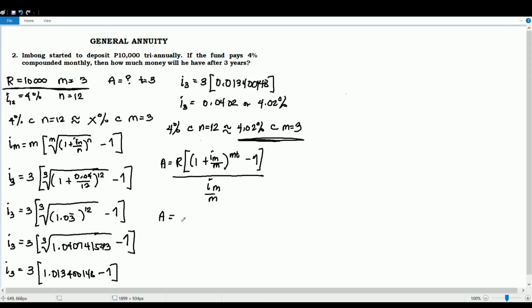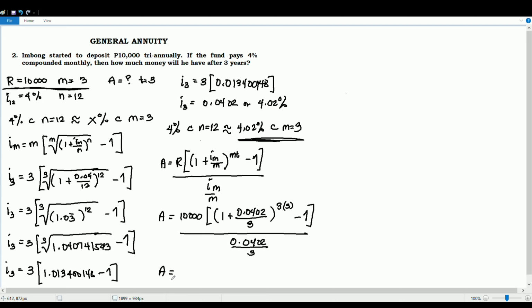Substituting the values, we have 10,000 as the regular payment times 1 plus our I subscript m, the newly calculated rate, 0.0402 over 3, that's triannually, raised to 3 times the number of terms, which is 3, minus 1, over 0.0402 over 3.